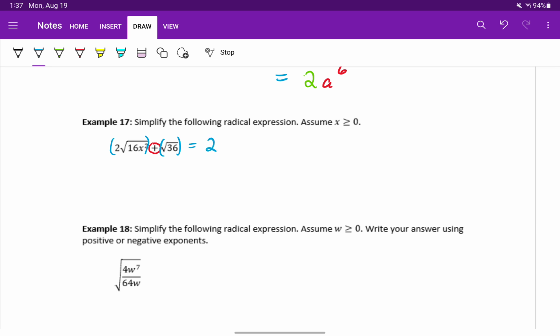In the first term, we have 2 times the square root of 16x squared. We can break that into the square root of 4 times the square root of x squared. And then we have plus the square root of 36, which will just be 6.